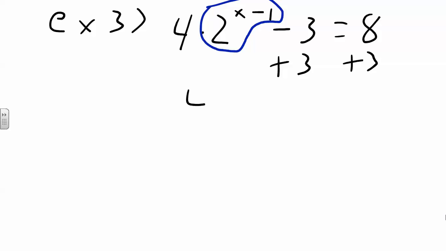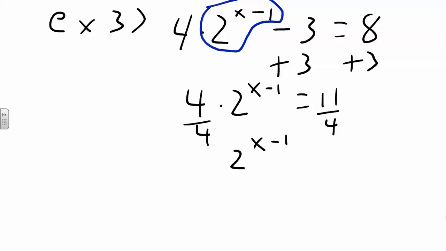So I get 4 times 2 to the x minus 1 equals 11. Divide by 4. So I get 2 to the x minus 1 equals, 4 goes into 11 twice, so it's 2.75.